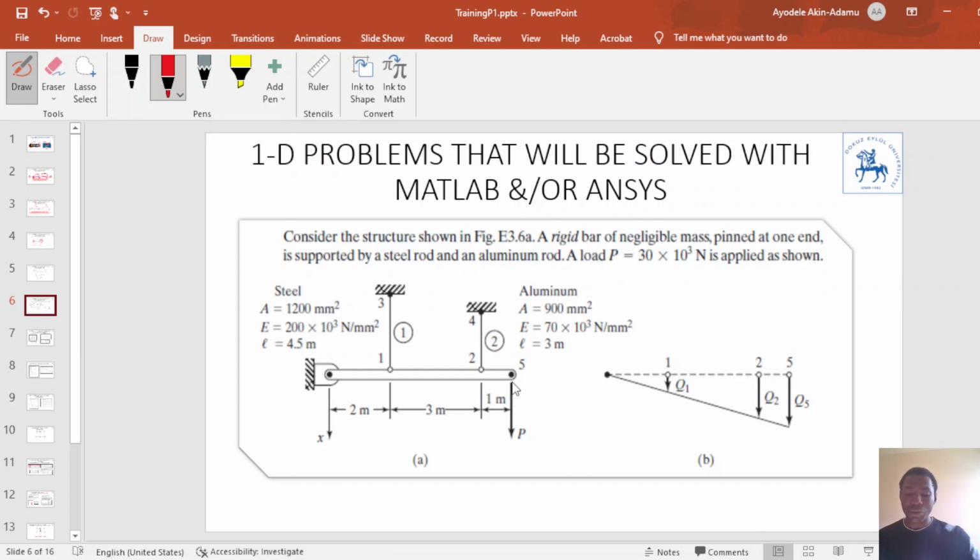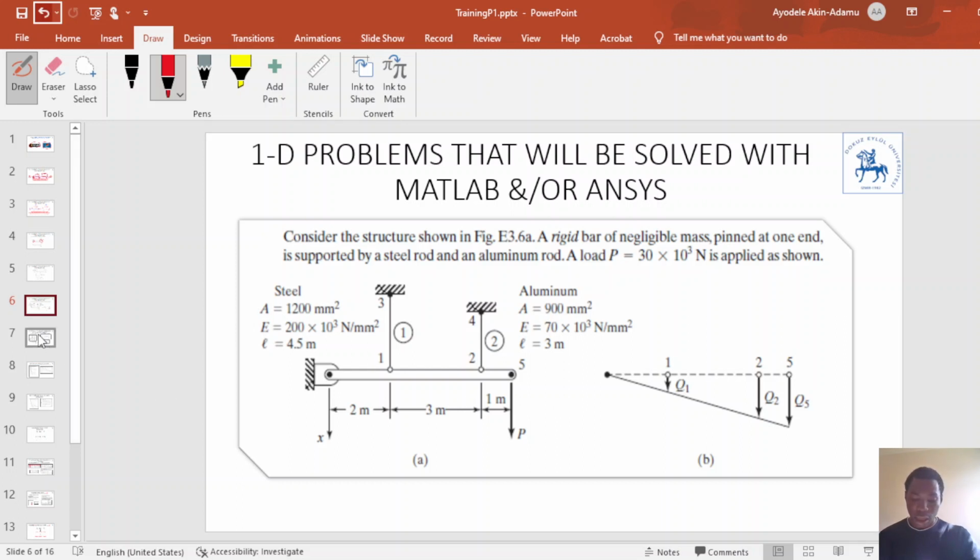However, this problem will not be analyzed using the Ansys program, sadly because of my limited knowledge of the multi-point constraint model as it applies to the Ansys program. So these are the 5 or 6 problems that will be tackled using MATLAB and Ansys in my subsequent lesson on finite element procedure of one-dimensional problem using MATLAB and Ansys.